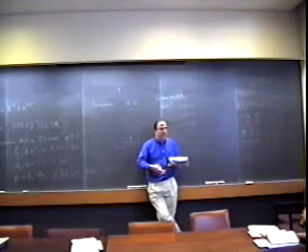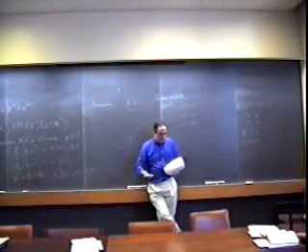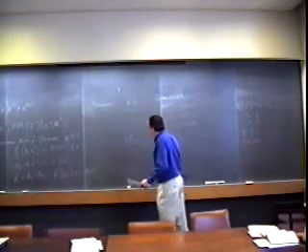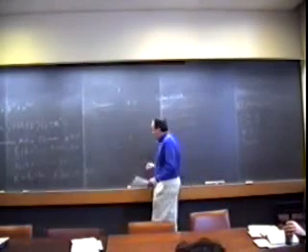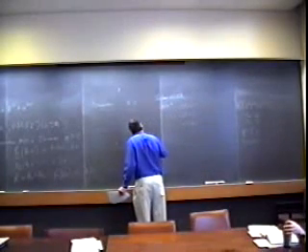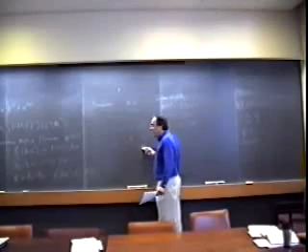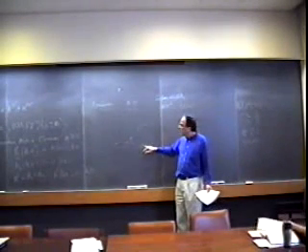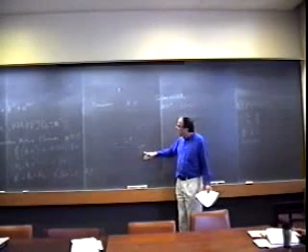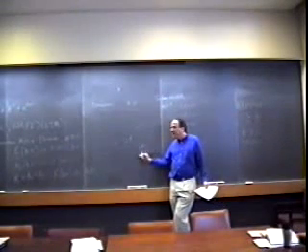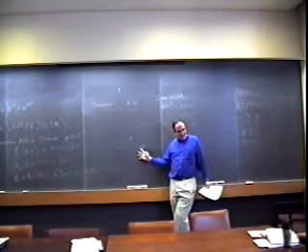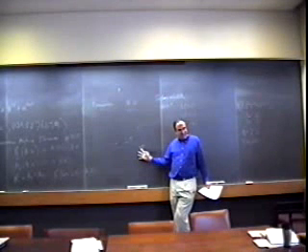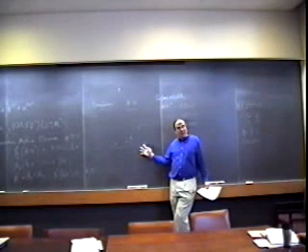We can still use case A methods. And so we can have J plus. Now this is not the raising or lowering operator. This is J for the ion. We use plus, and you can tell the difference because when you have a bold symbol, it's an operator.